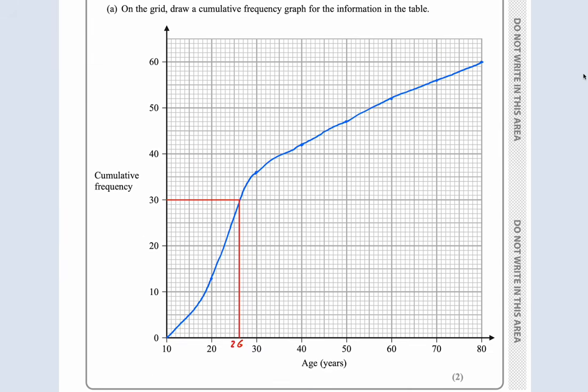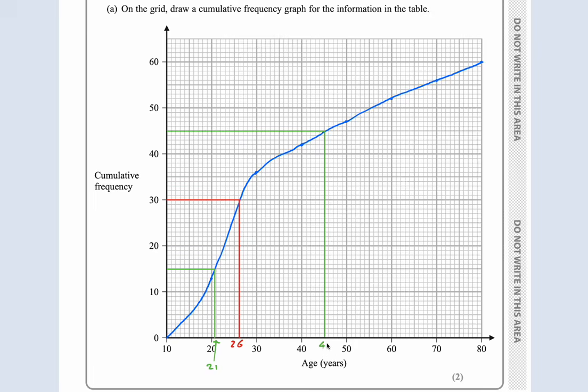Interquartile range, 60 people, a quarter of 60 is 15. So I go to 15 and down. Okay, this is, let's say, 21. And then I'll go to 45 because that's 3/4 of 60, across and down like this.